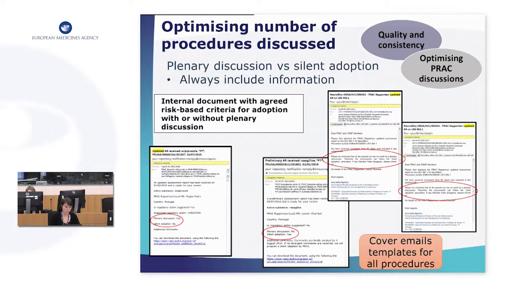We have an internal document with the agreed risk-based criteria for adoption with or without plenary discussion. So we can look at it whenever it's necessary, because, as I said before, we are not machines. We don't need to memorize those criteria, and so we can easily look at the document and know if it's necessary to have a discussion or not.